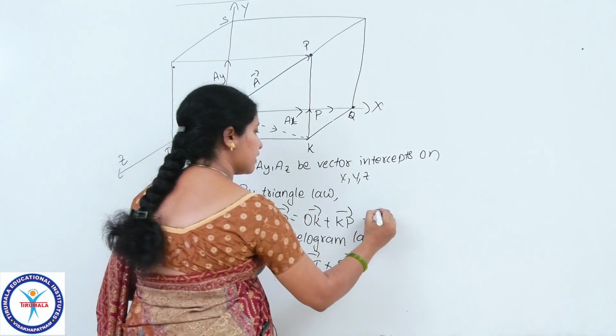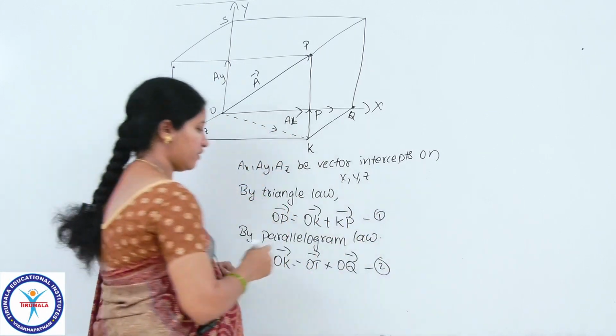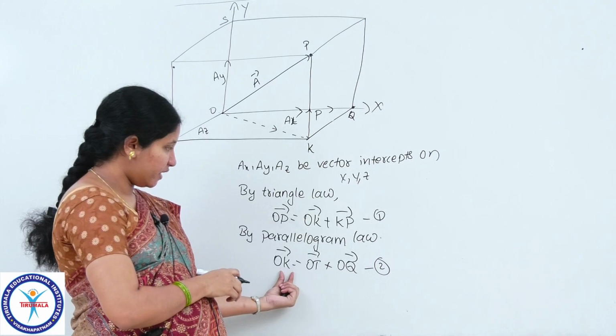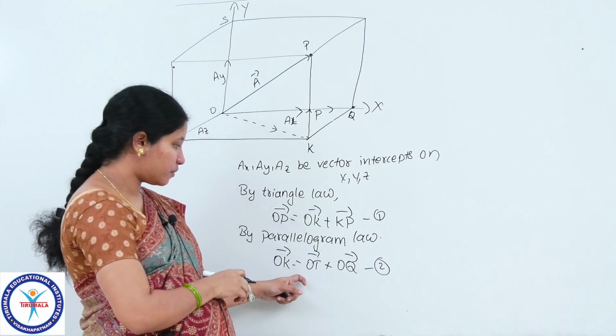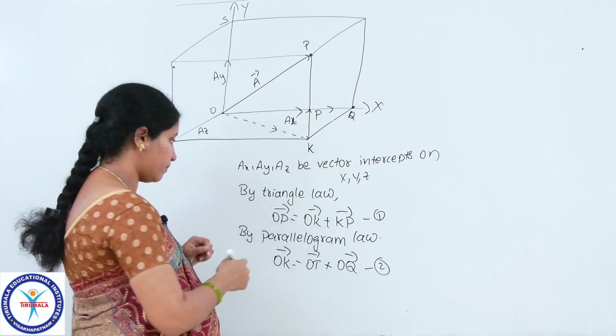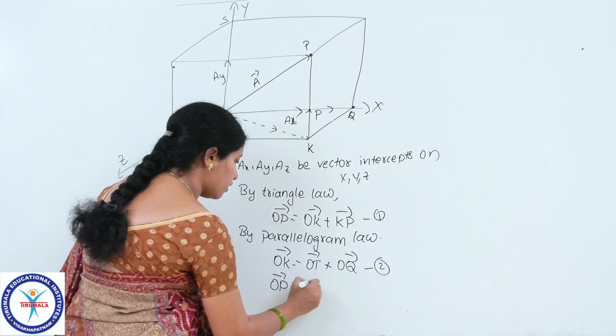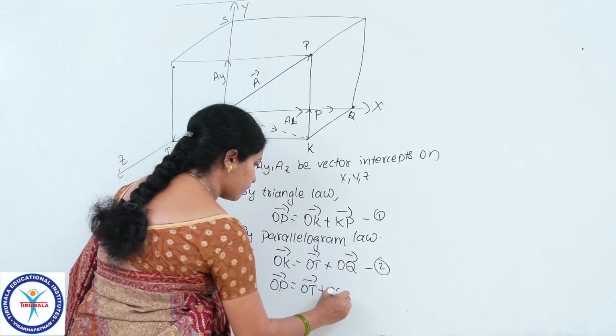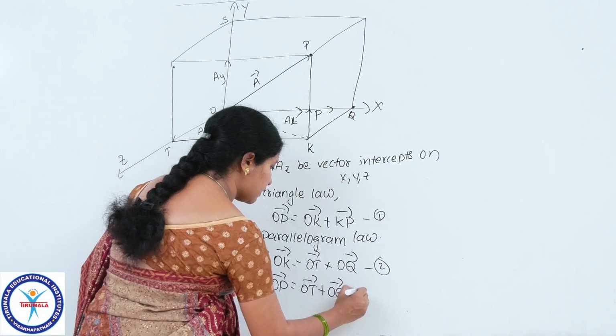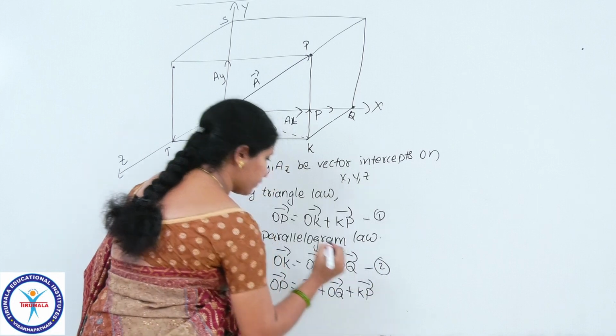Let us call these equation 1 and equation 2. As we have obtained the OK bar value, let us substitute this in equation 1. So OP bar is equal to OT bar plus OQ bar plus KP bar.